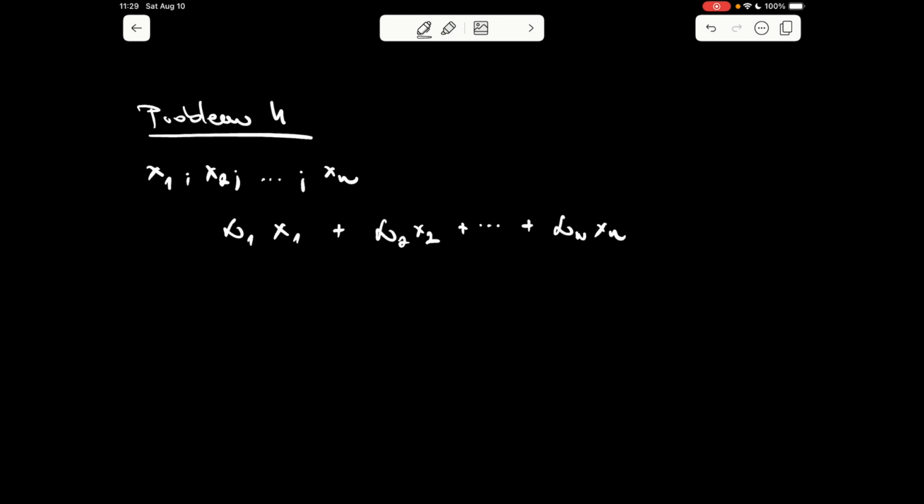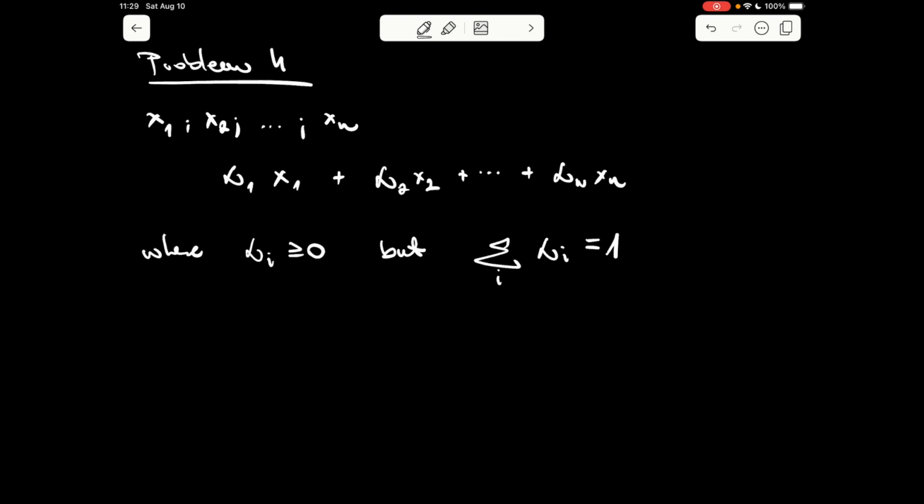This is a linear combination where the weights are non-negative, but their sum is 1. This is a convex combination. So this is the concept. This is a form of linear combinations, where the sum of weights is 1 and the weights are non-negative.